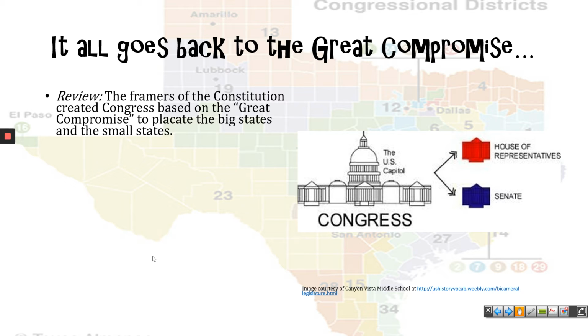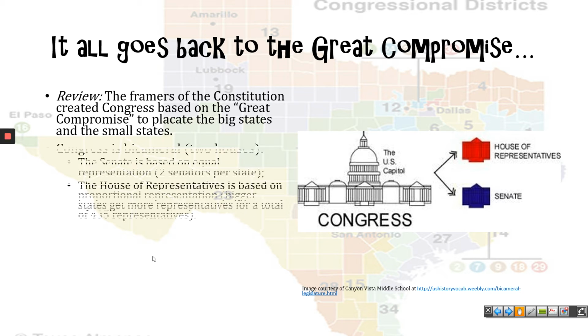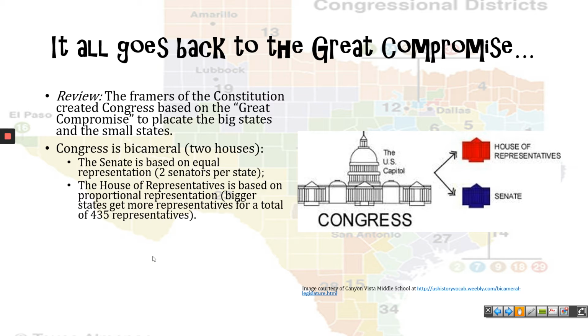And this is a real problem. This threatened to derail their chances of agreeing to a constitution. So they came up with a Great Compromise to basically satisfy both the small and the large states. And what they did is they came up with a bicameral system. Our Congress has 2 houses. The Senate is based on equal representation, 2 senators per state.